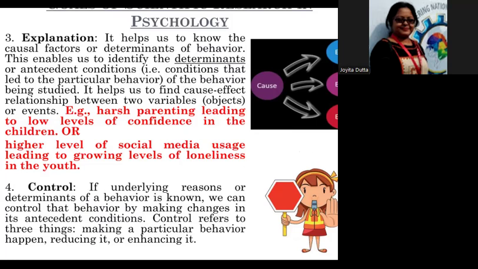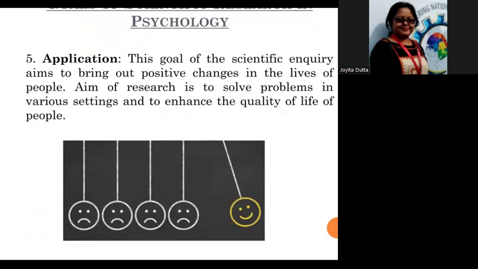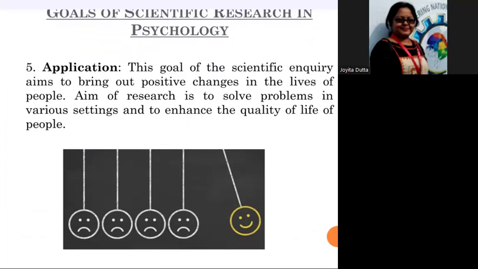Okay. So next we have goals of scientific research in psychology. What are the goals? We set recording, prediction, explanation, control, and now we have application.